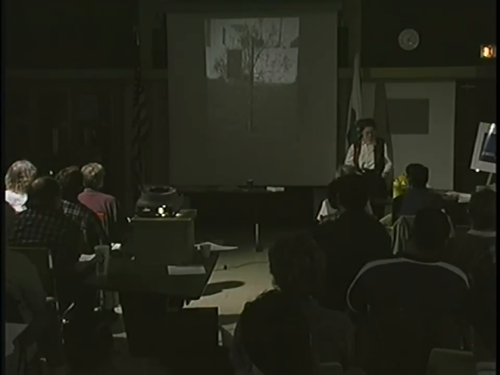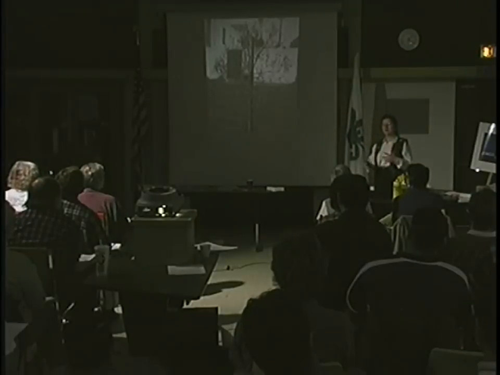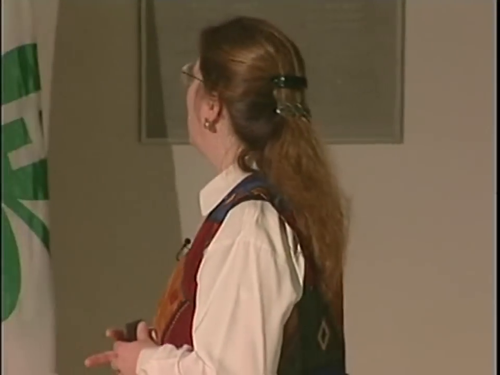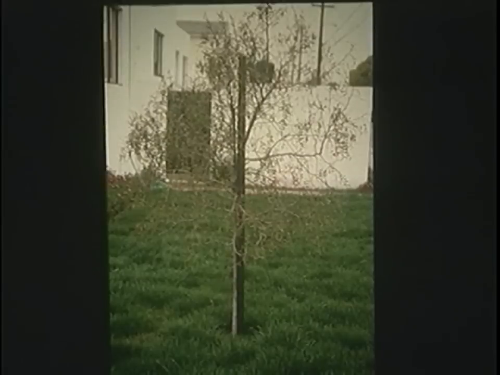Okay, so to review some of the parts of the integrated pest management program of preventing problems, here we have a pepper tree, which is a drought-tolerant species planted in the middle of a turf, and it's not doing very well. And that's because you can't water this type of a tree in the same manner that you water your turf.